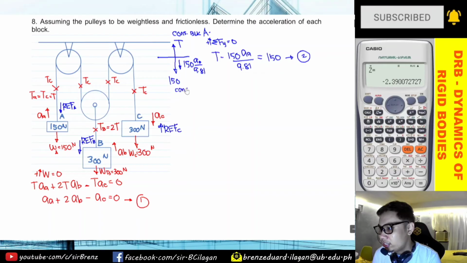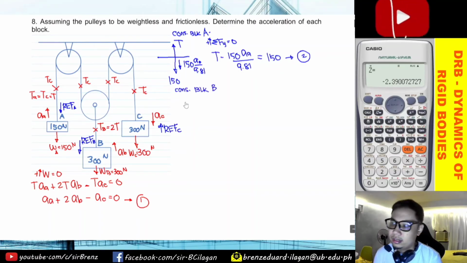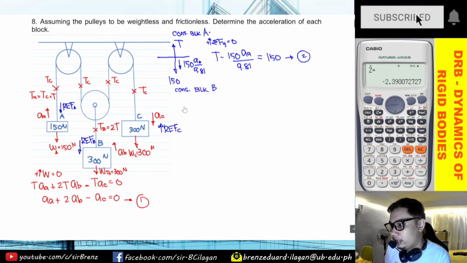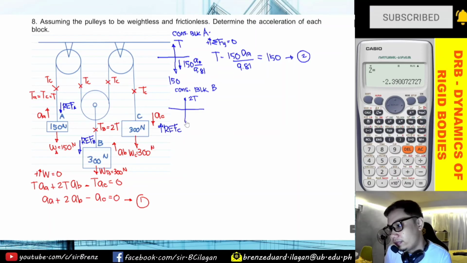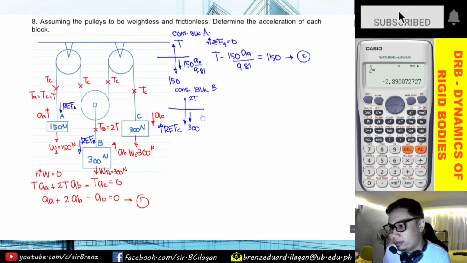Next, considering block B. I-draw muna natin ulit yung kanyang mga forces. Gawan muna ulit natin ng free body diagram. So ano ba yung nasa block B? So ito, 2T. And then yung reverse effective force, yung weight is 300. Then lagay ulit natin sa gilid yung reverse effective force niya.